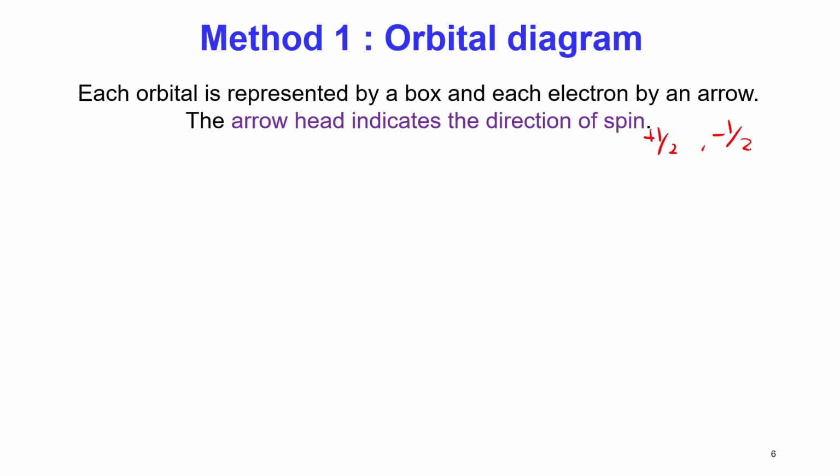So this plus half and negative half represent different spin of electron. Satu ialah clockwise, satu lagi ialah anti-clockwise. So each orbital, setiap satu orbital kita ada these two electrons contained in different spin.